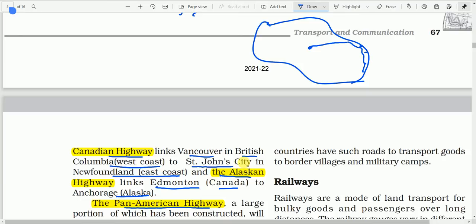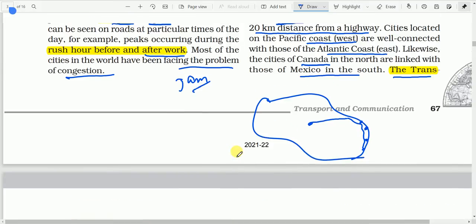So the army here or the villages here are connected with the other places of the country by the border roads, because border roads supply food, then munitions, to these areas. So it tells the importance of the border roads.